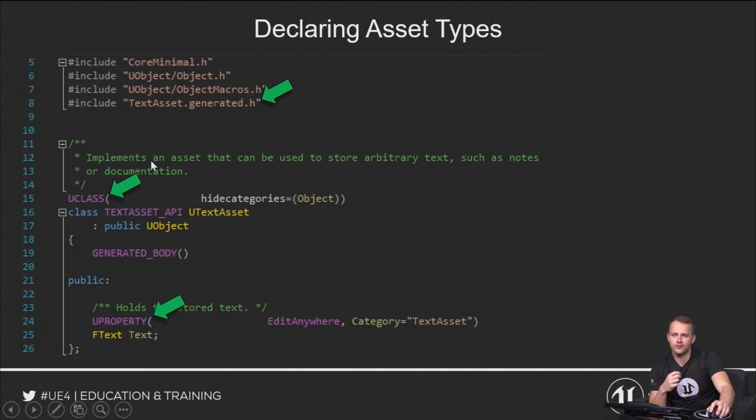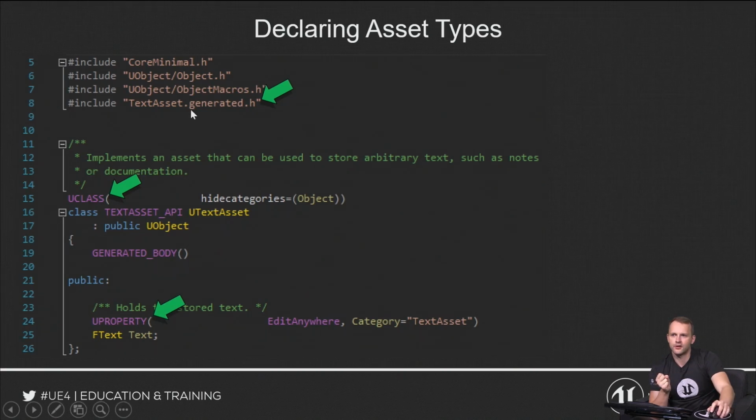So UBT, or to be more specific, its subcomponent Unreal Header Tool, UHT, will parse all the header files and look for these macros, and if they are present, it will automatically generate all the glue code that is required to provide things like serialization and garbage collection and runtime introspection, etc.